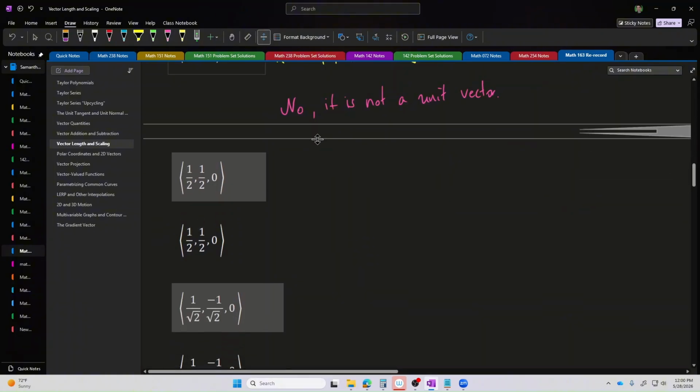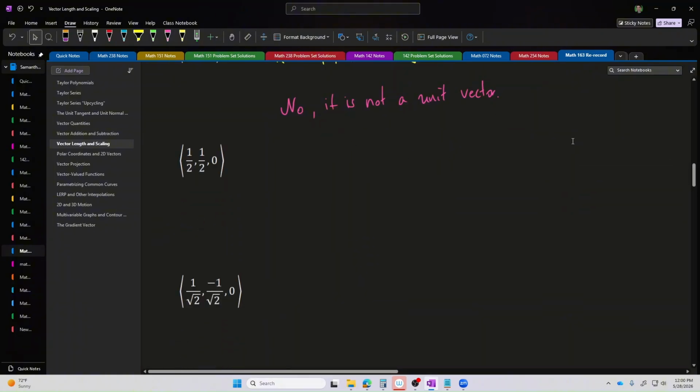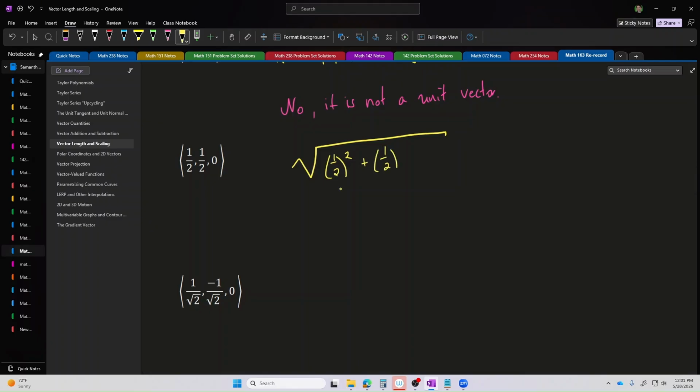What about this vector? Is this a unit vector or not? Again, the most reliable way to check is to go ahead and calculate the length of this vector using the length formula. 1 over 2 squared, 1 over 2 squared, and 0 squared. If I simplify that, then I get 1/4 plus 1/4 under the root.